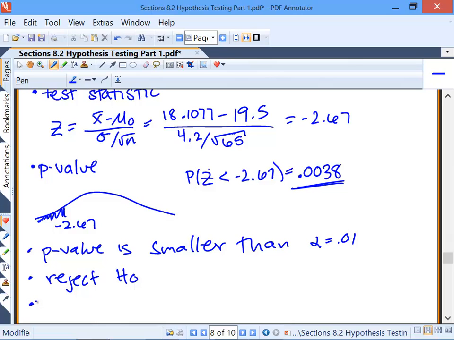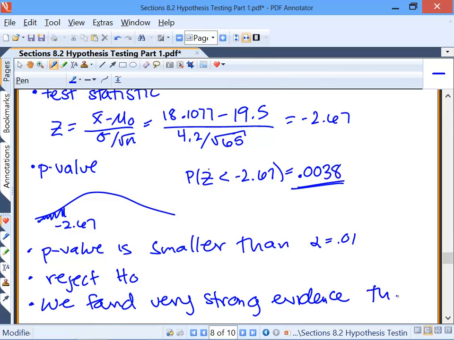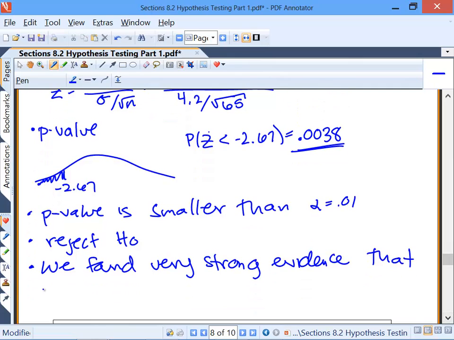Time is less than 19.5 days. Okay, so there's very strong evidence, however you want to word it, very strong evidence that the mean billing time for all, I don't know, accounts or something.